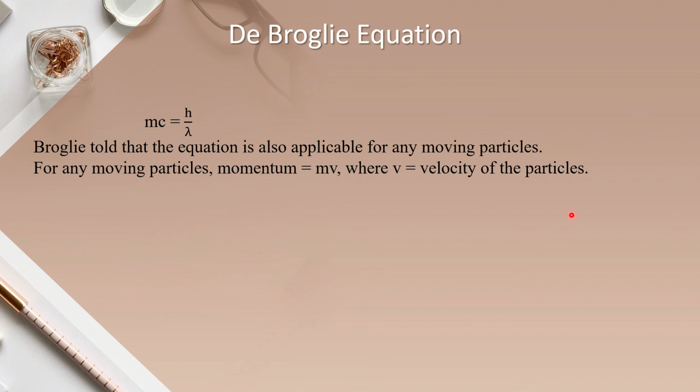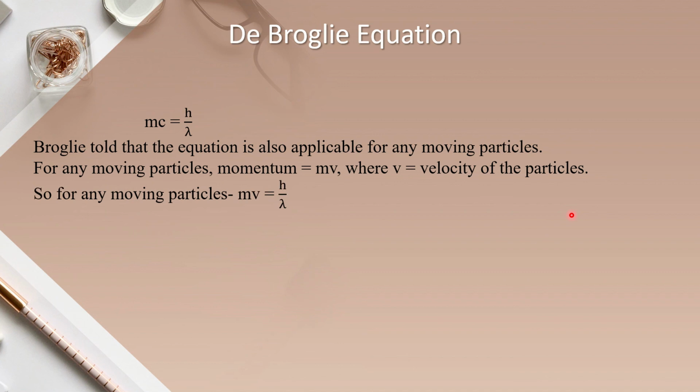Now, we got the equation mc equals h by lambda. Now, de Broglie said that the equation is also applicable for any moving particles, not only for light or electrons. For any moving particles, momentum is not mc; that time momentum will be mv, where v is the velocity of these moving particles.